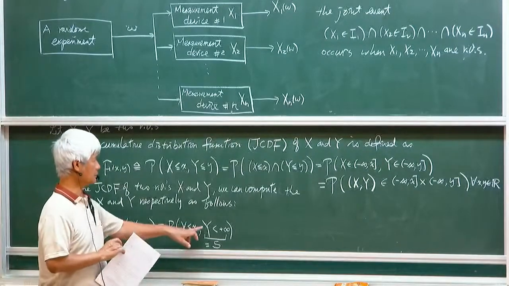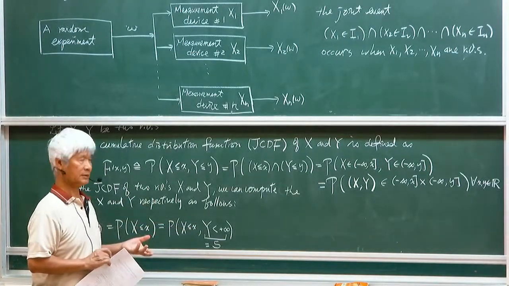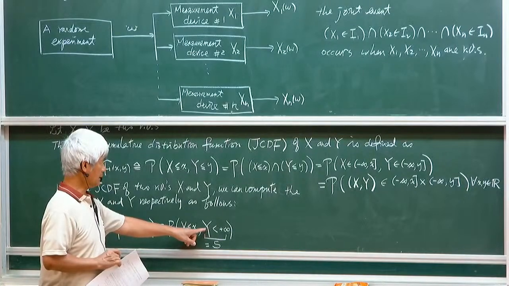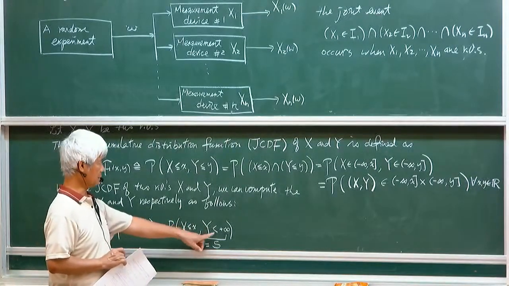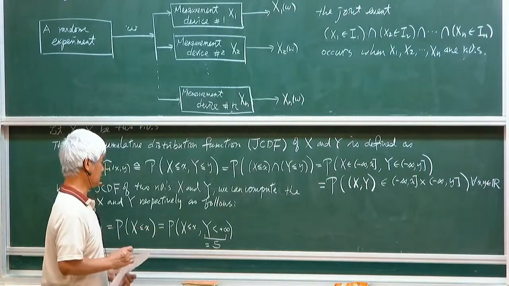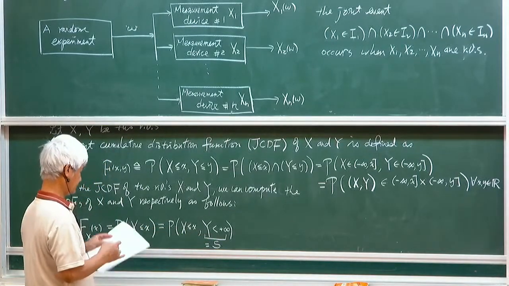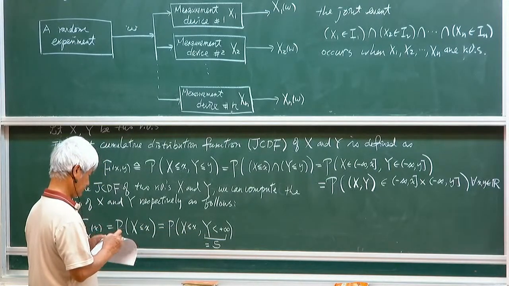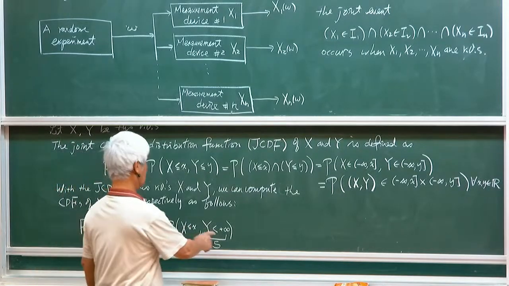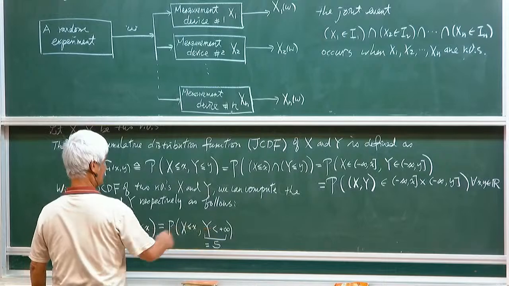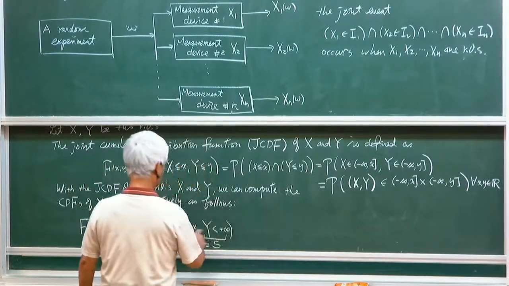Because as we know, y is just a real value function, so any value of this random variable should be a real number. Okay, so that's less than infinity here.